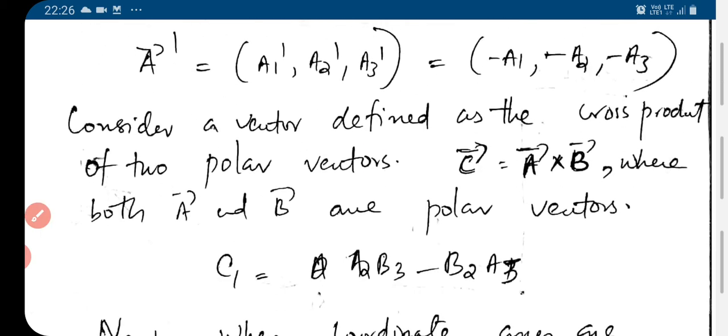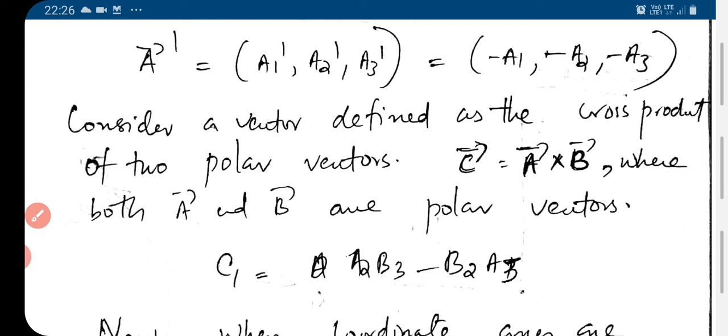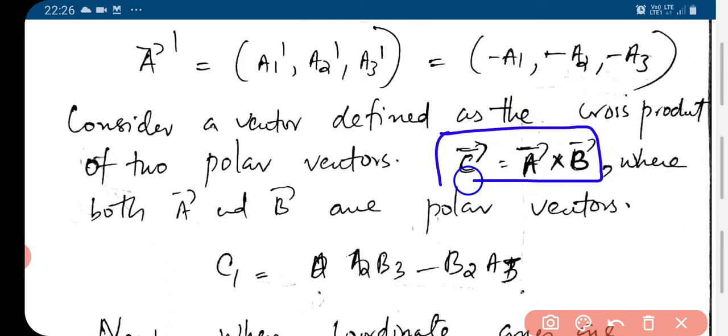Okay. Now consider a vector defined as the cross product of polar vectors, C equal to A cross B. So we have two polar vectors, A and B, and we are taking their cross product.